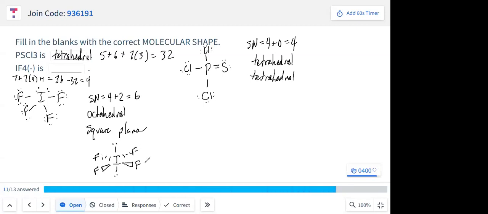This is where we get that square planar configuration. The fact that these 4 bonded groups are now making a square-shaped shape in this 2-dimensional plane going through the middle of the molecule. So the answer to this one here is square planar.